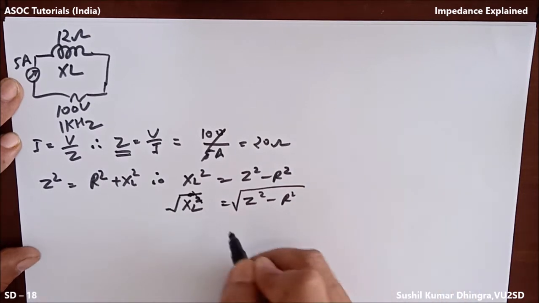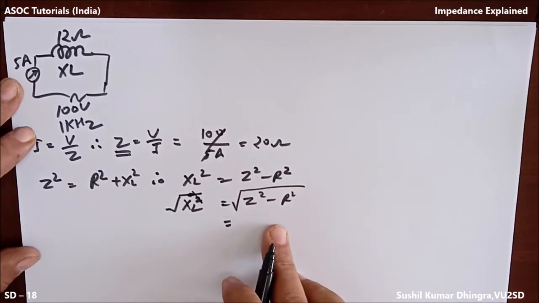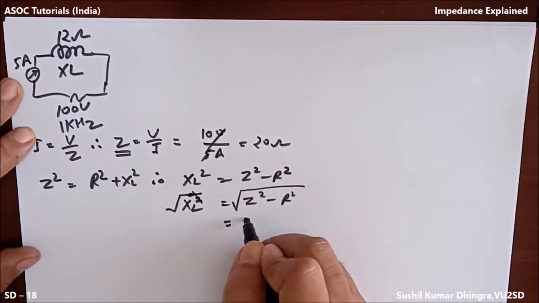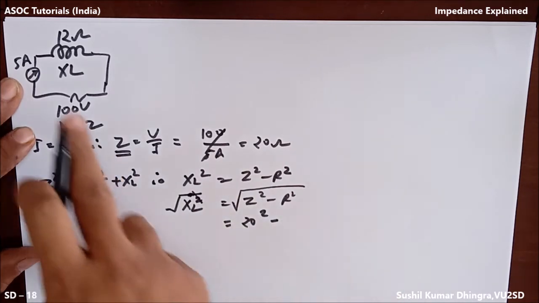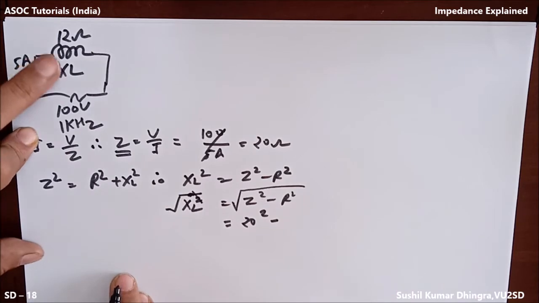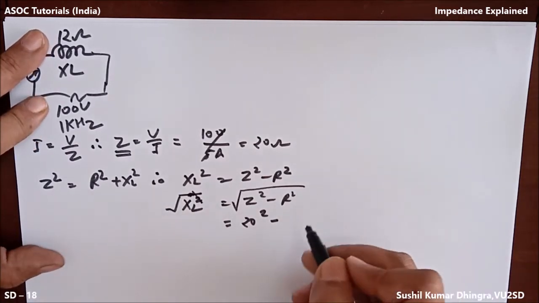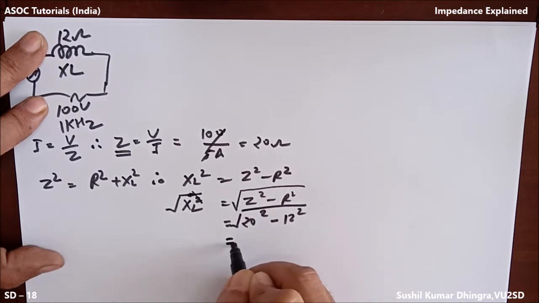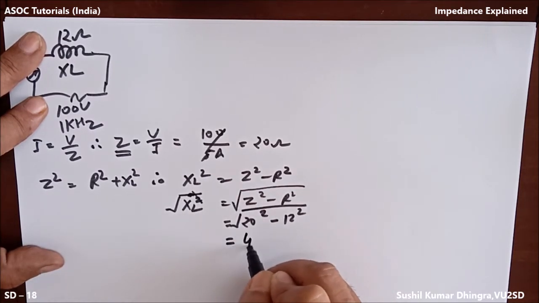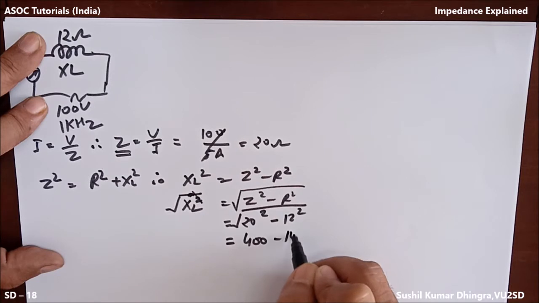So what will be this value? What is Z? 20 ohm. This will be 20 square. What is R? 12. So this will be 12 square whole root. Solve this one. 400 minus 144.